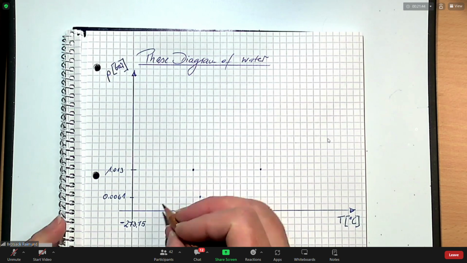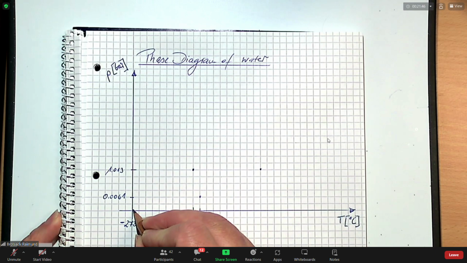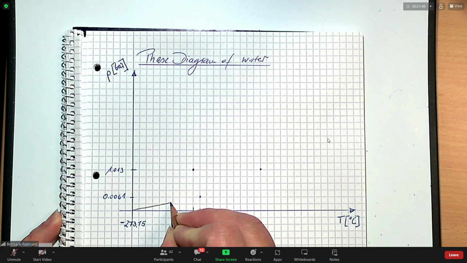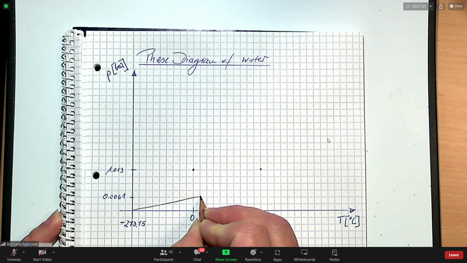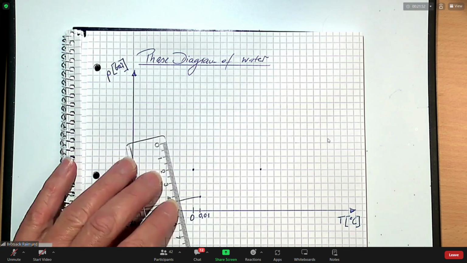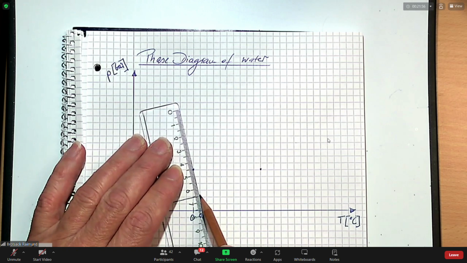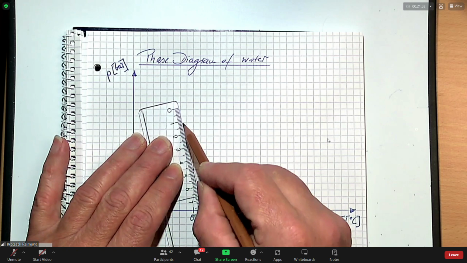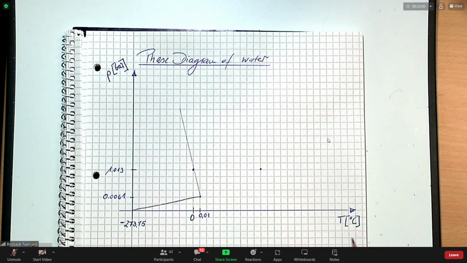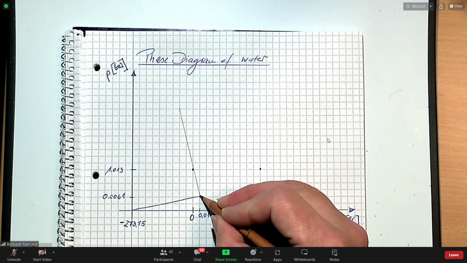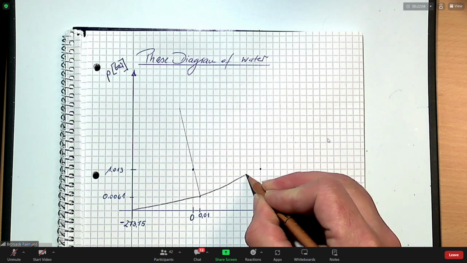And then we come up with our curve to the triple point. From the triple point, we have the way up where it's like this, and we come up to the boiling point here.